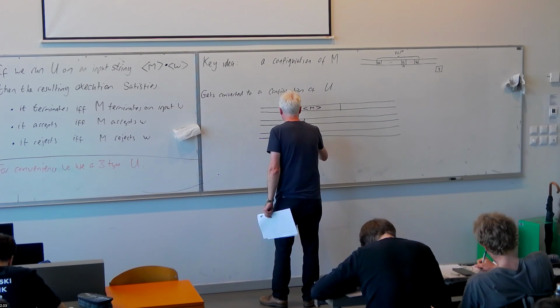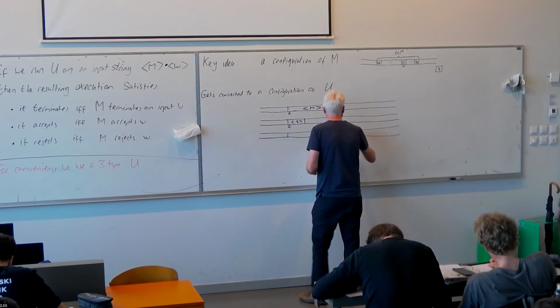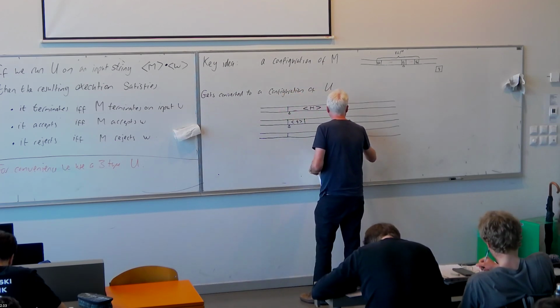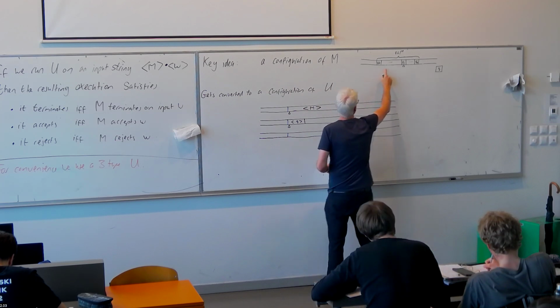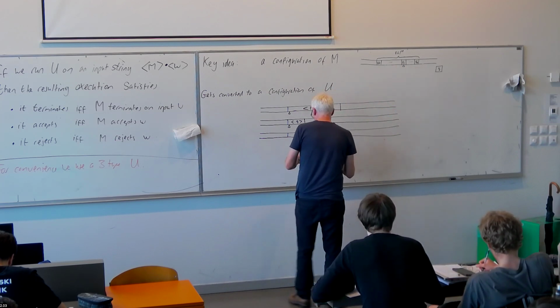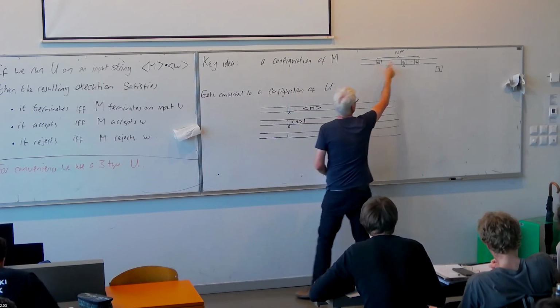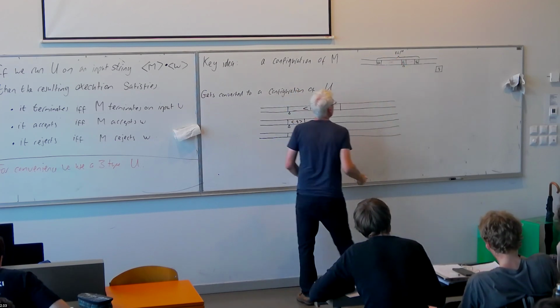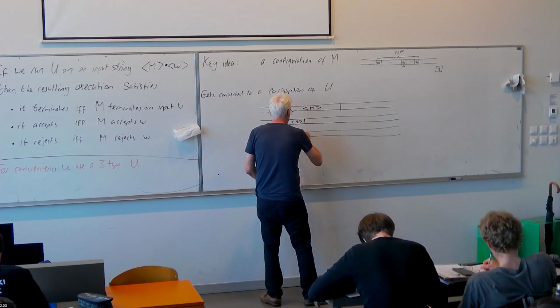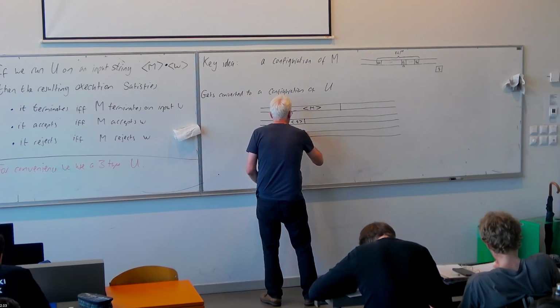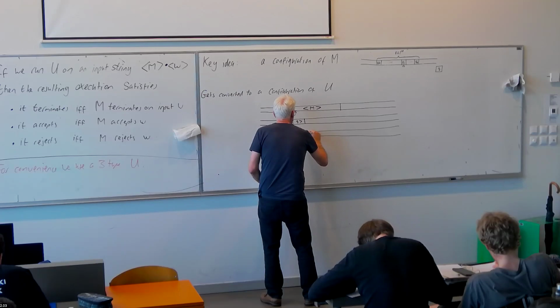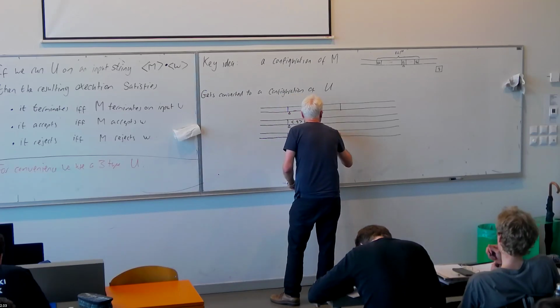And here, we're going to put the encoding of the tape. So here we're going to have the encoding of this word V. But let's write it out. The encoding of the symbol V0, bullet, the encoding of V1, bullet, and so on.